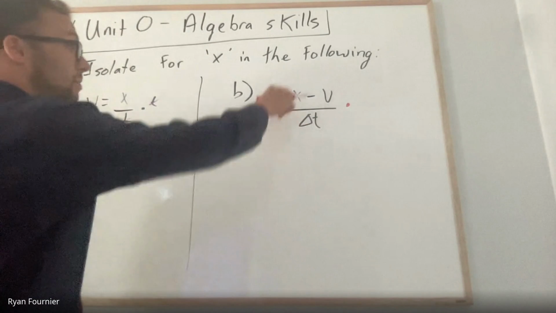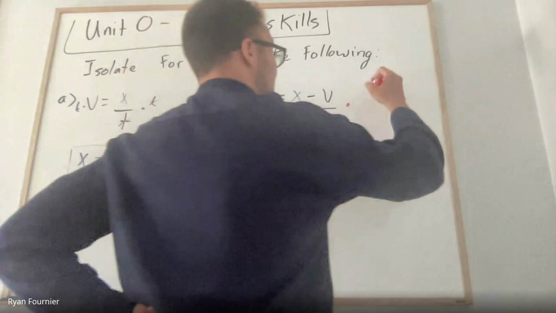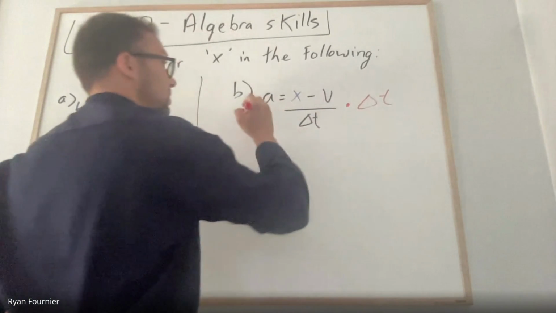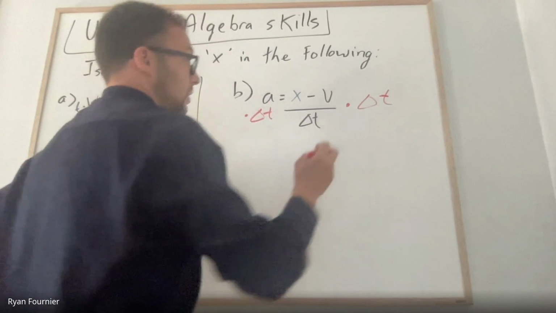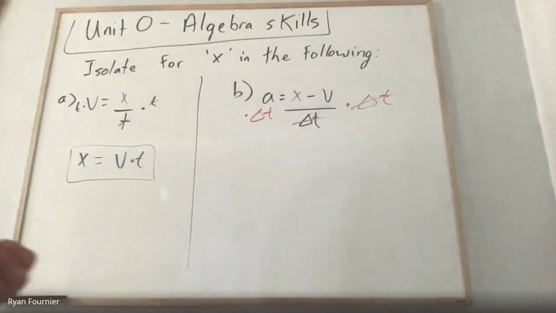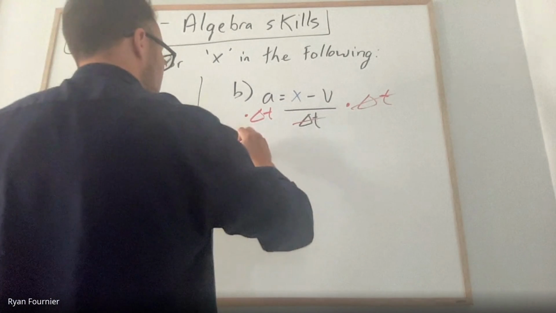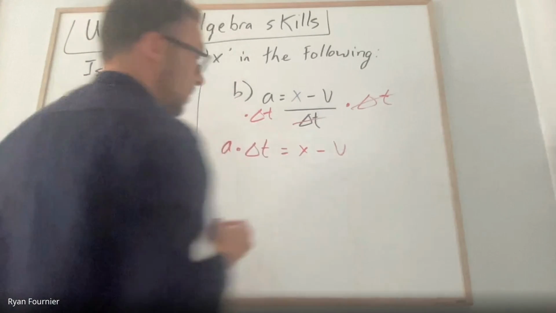To remove the denominator, remember it's the same thing as being divided by delta t. So inverse operations, we're going to multiply both sides by delta t. And then that's going to cross this out. What that leaves me with here is a multiplied by delta t is equal to x minus b.